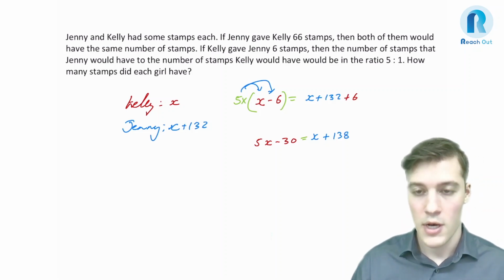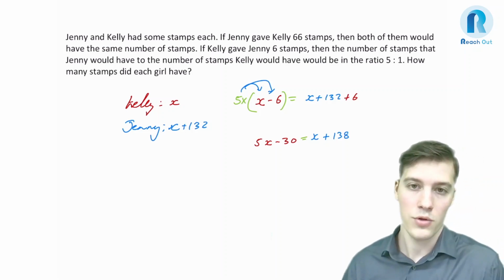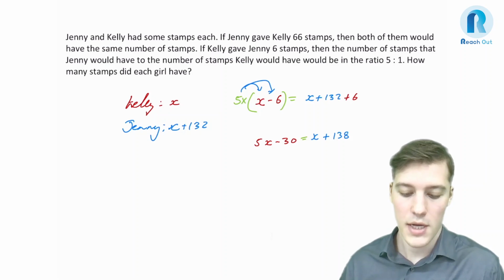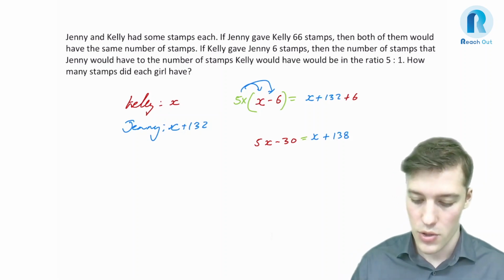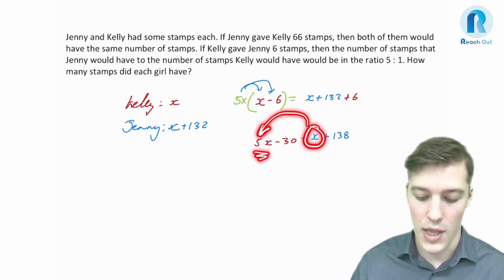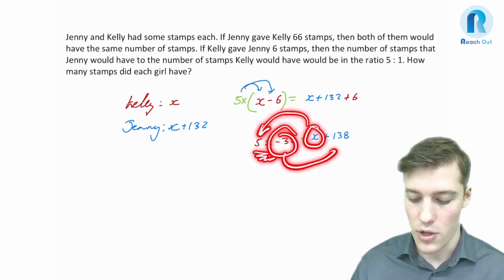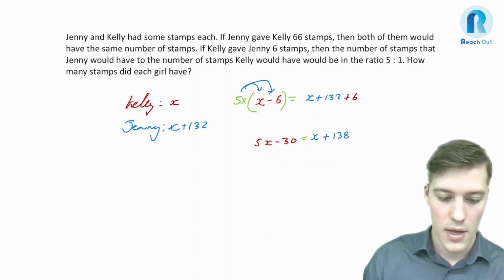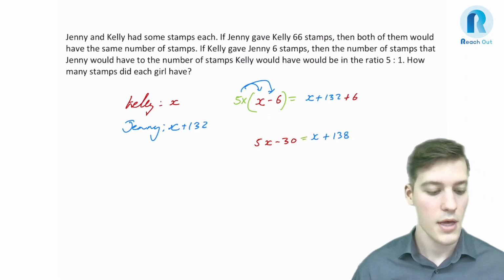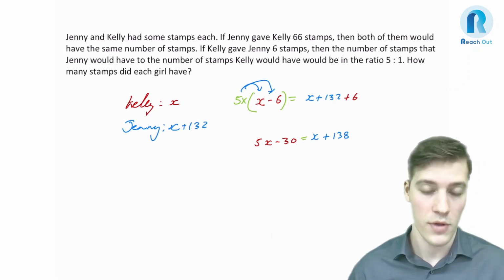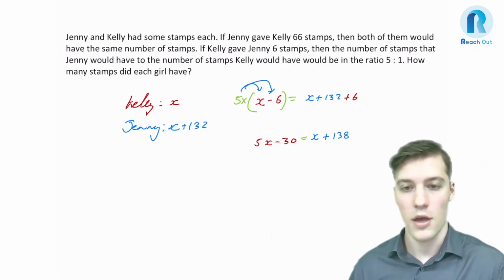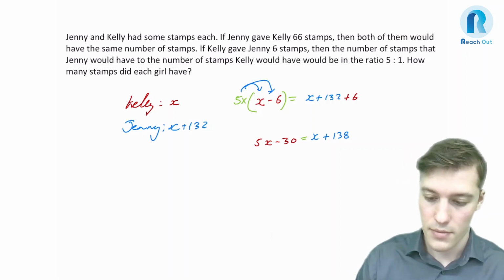So now I need to move all my variables to one side and all the numbers to the other. So what I'm going to do is I'm going to move the x's and I'm going to collect them on the left side, and I'm going to collect my numbers on the right side. And whenever I move numbers or variables from one side of the equation to the other, I just have to be careful to switch my sign.